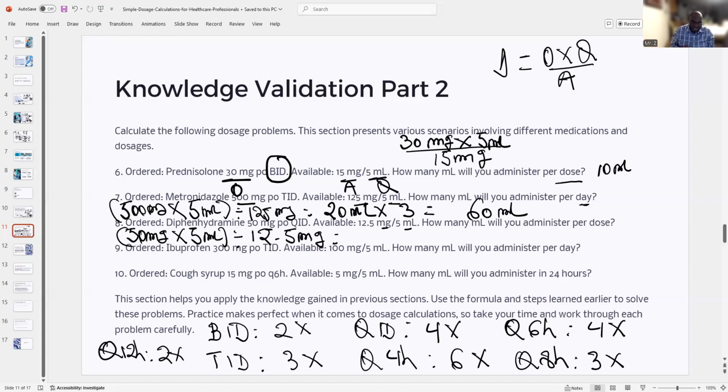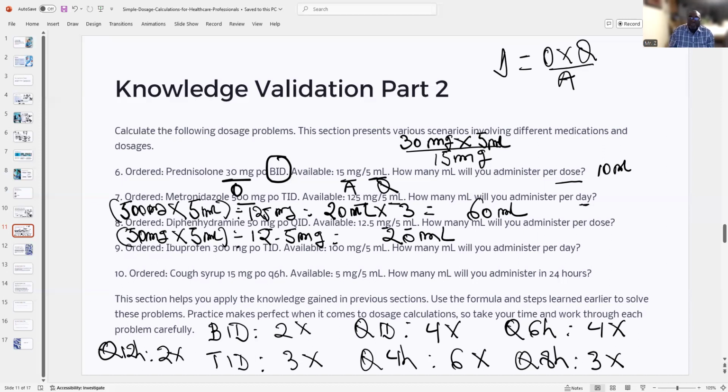Remember, you always solve for single dose. Now you got 50 milligram, multiply that by quantity, which is 5, divided by 12.5. So you will get how many? 20 milliliter. You're not going to multiply by QID because nobody asked you to do that.